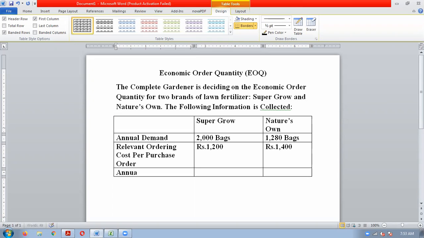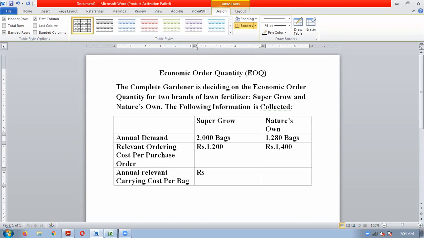Annual relevant carrying cost per bag: rupees 480, rupees 560.